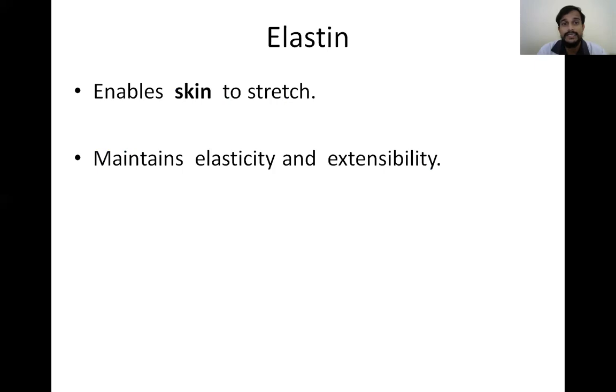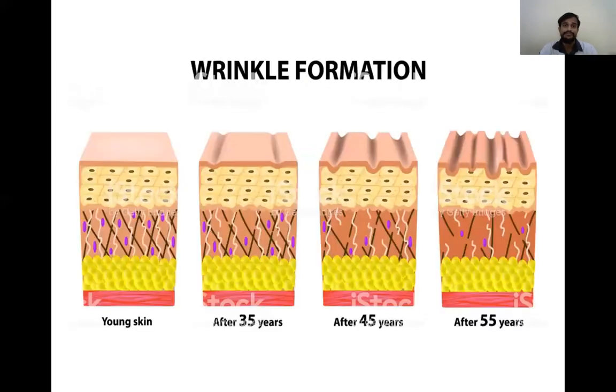And coming to elastin, this enables skin to stretch because of this elastic property, and this maintains elasticity and extensibility. So that is the main function of elastin. This elastin works along with the collagen. Wrinkle formation.